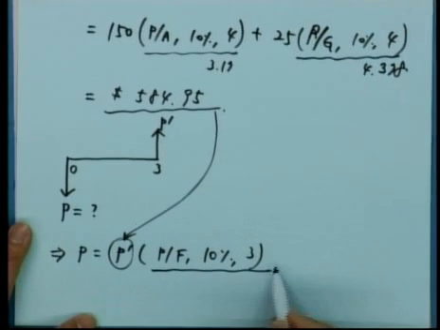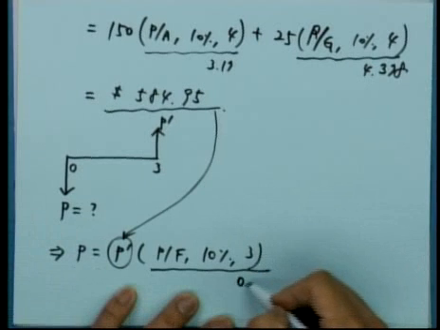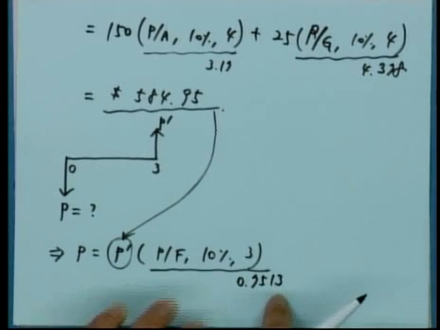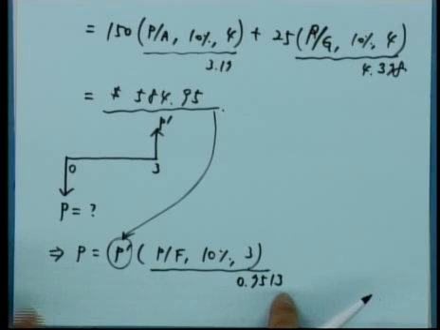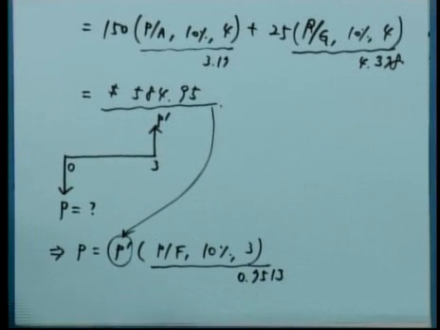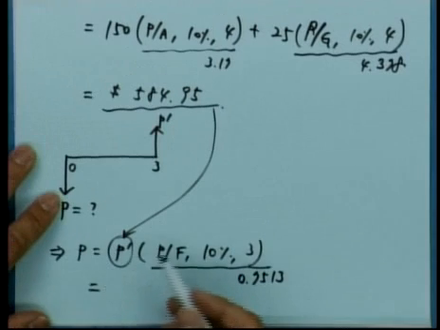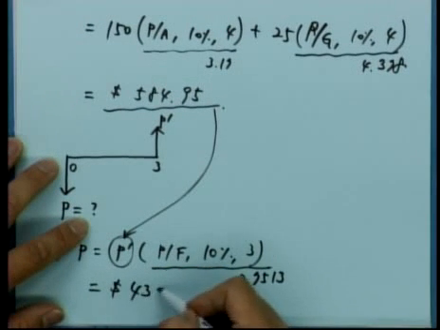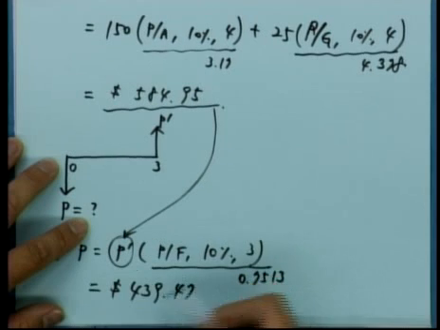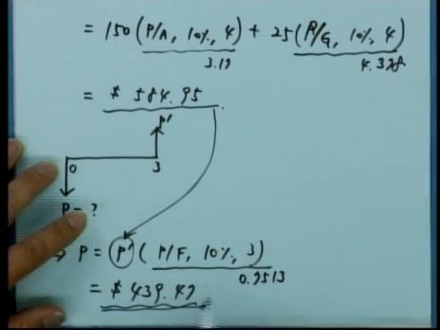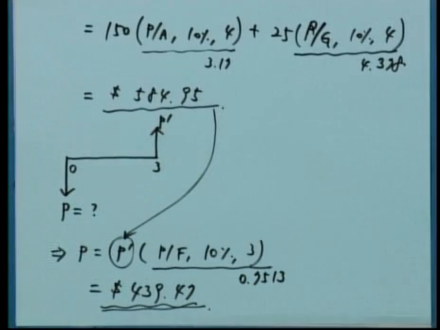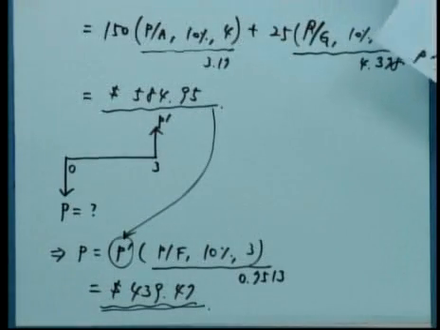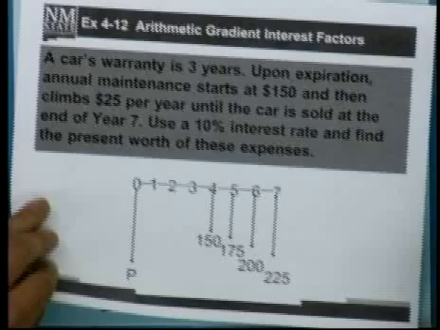What is this factor value? It is 0.7513 from our textbook, Appendix C, compound interest factor tables. So as a result, you're going to have $439.47. Okay, so this is the answer for example 4-12.